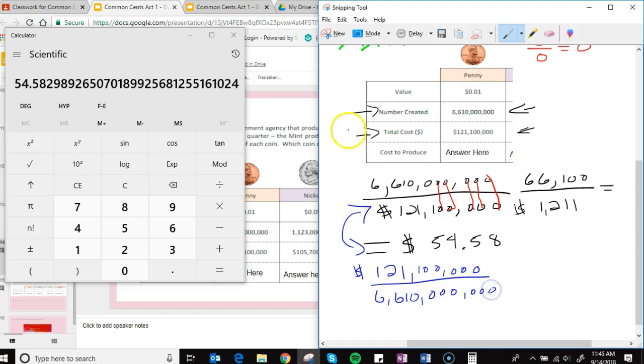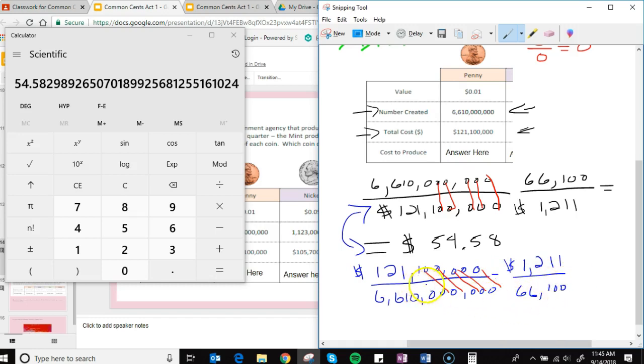And once again, we said that we don't need all those zeros. Let's make it easy on ourselves and eliminate them, crossing them out. So now we have $1,211 divided by 66,100 pennies.